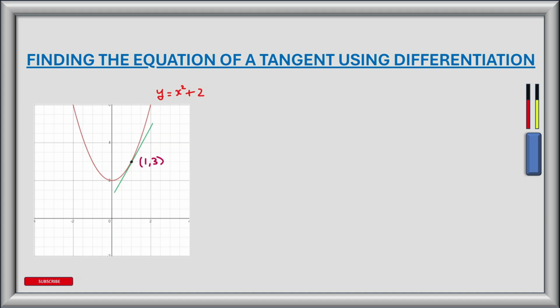We know that the equation of a line is given by the formula y equals mx plus constant c, where m is the gradient or slope of the line, and c is a constant where the line cuts the y-axis at x equals 0. In an earlier video, I demonstrated how to calculate the gradient of a line using rise divided by run.